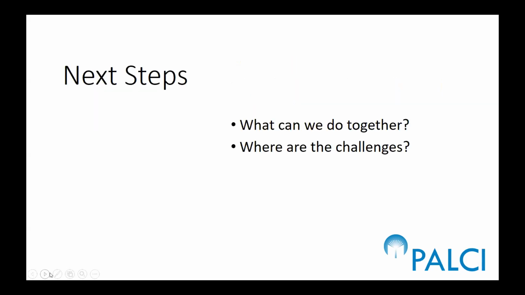Next slide, please. So the next steps, what can we do together? There are some obvious, easy tasks that some of us have already started working on, right? We can help with outreach and communication in both directions, where the publishers and the vendors that are working on developing these models, we can talk with them about what we hear from our membership.